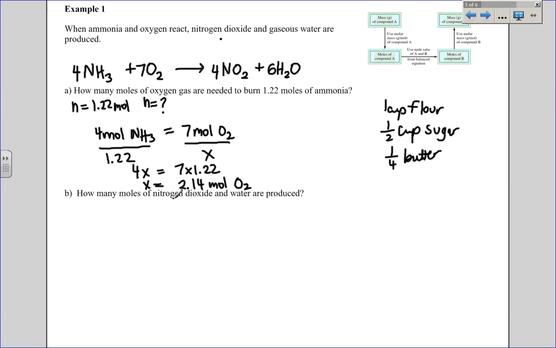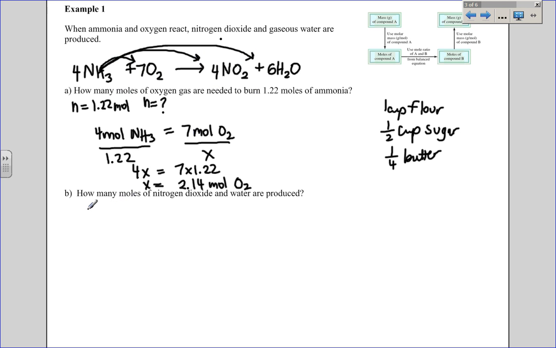In part B, I'm asked for how many moles of nitrogen dioxide and water are produced. So I'll do these one at a time. And the bottom line is that as soon as I know one, I can use it to figure out any other one. Okay? And I can relate any one substance to another substance. Because I'm given NH3, I'm going to base everything else off of NH3.